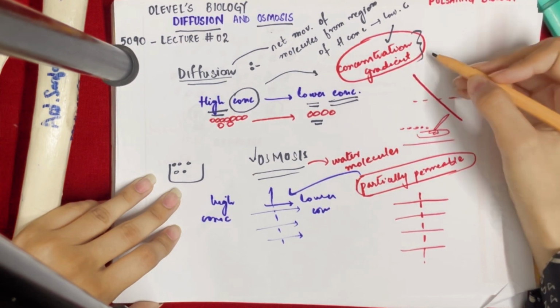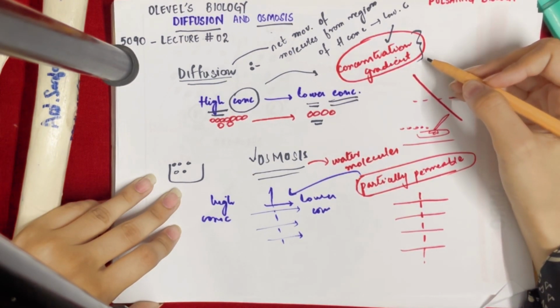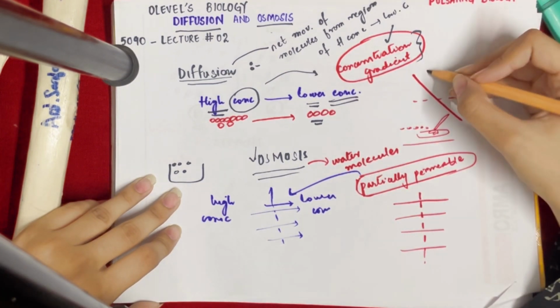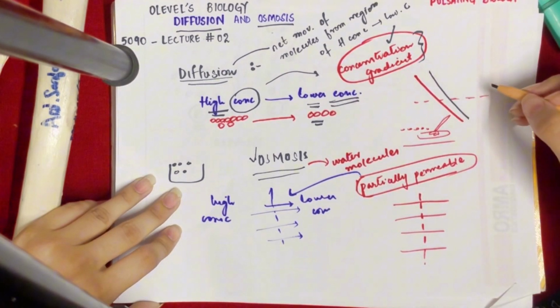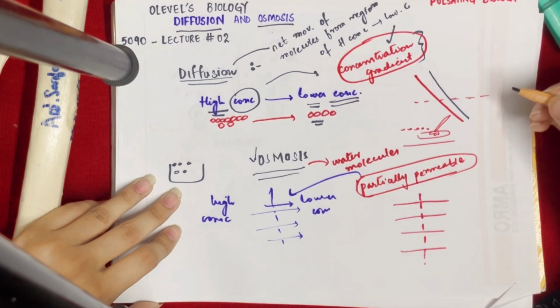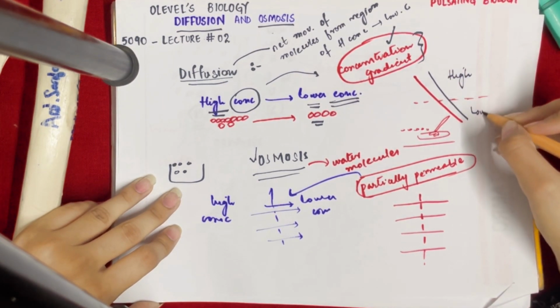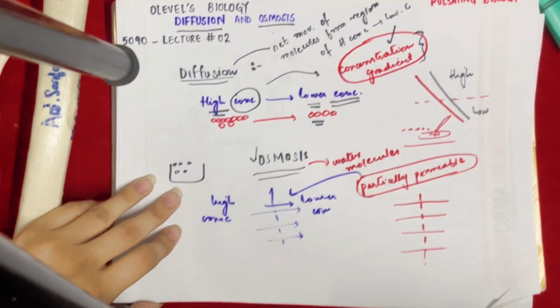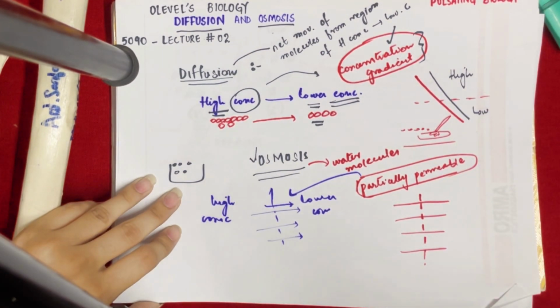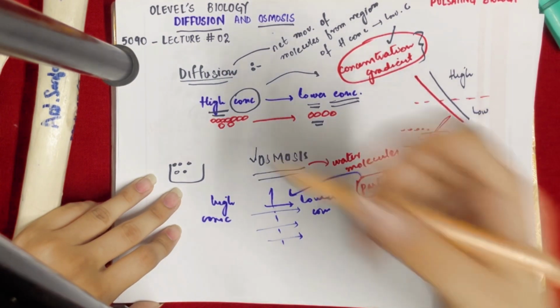It is the movement down the concentration gradient. Concentration gradient basically tells us about the difference between the regions of higher concentration and lower concentration. In such a manner, the gradient is maintained, so the movement of molecules is easier. So this is what you need to know about diffusion.